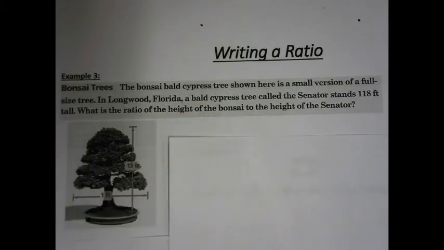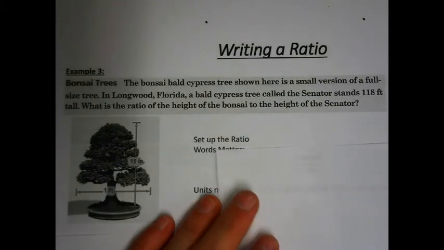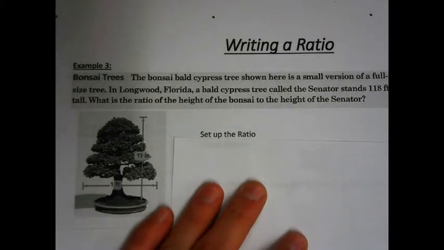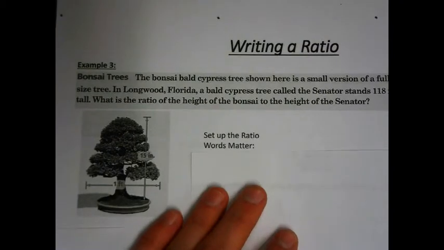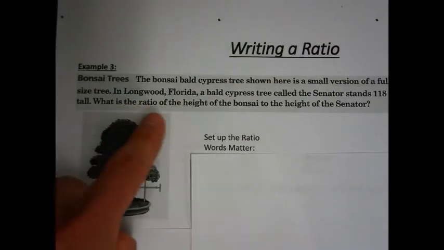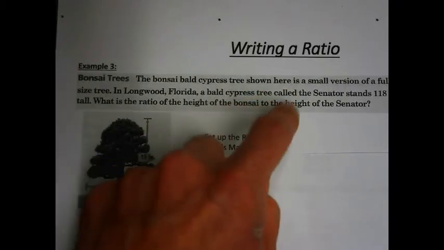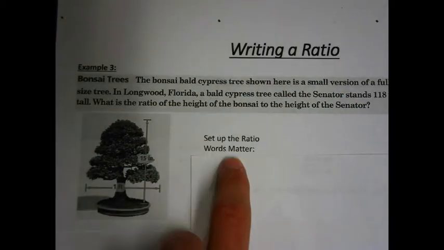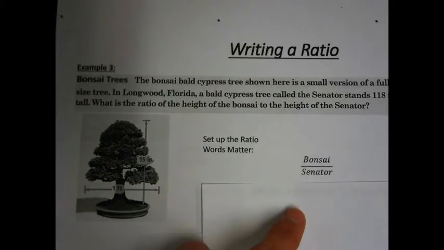So how are we going to do this? We are comparing two values, so it's extremely important to set up the ratio. In this case, words matter. When we talk about the ratio of the height of the bonsai to the height of the Senator, the actual tree, we have to be careful with words. We're setting up the ratio of the bonsai to the Senator.